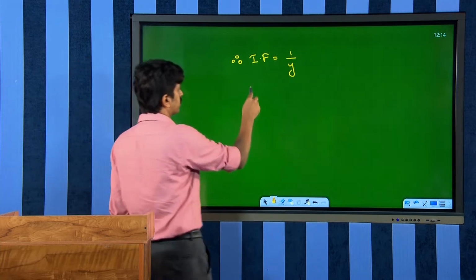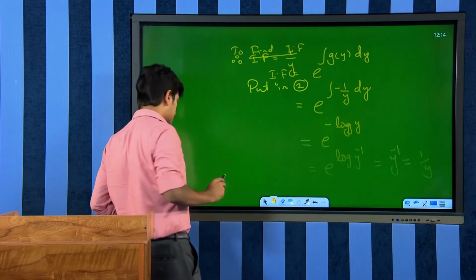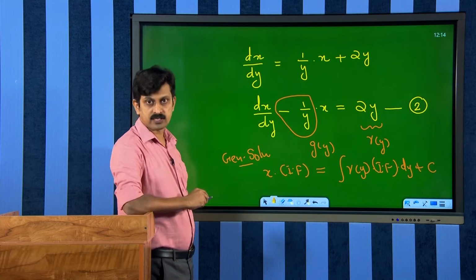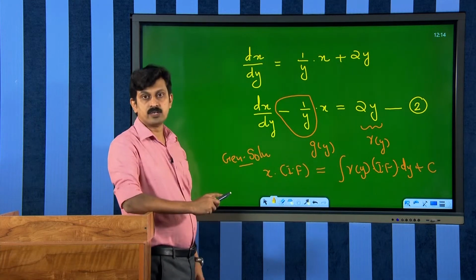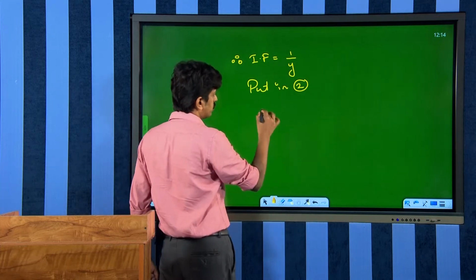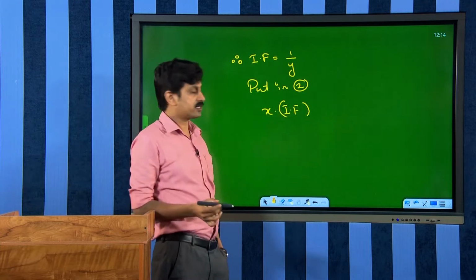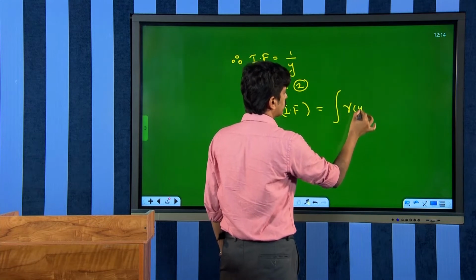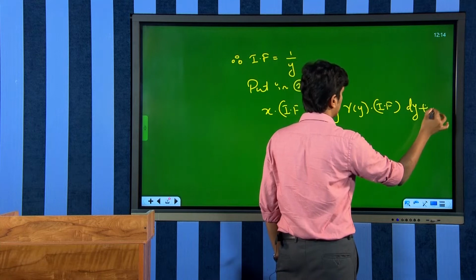Put it in the general solution formula. The general solution is x into integrating factor is equal to integral of r of y into integrating factor into dy plus the constant of integration.